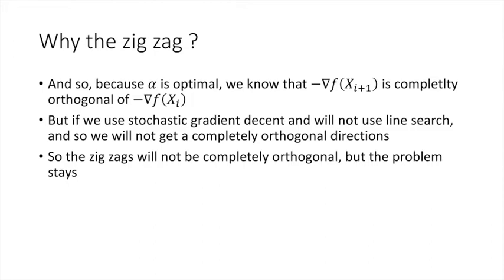And alpha, if we pick it correctly to be not too bad, would be some part of the optimal, and so it would be very close to the optimal step size. And so the cosine of minus gradient of xi and minus gradient of xi plus 1 would be very, very low, leading to almost orthogonal directions.